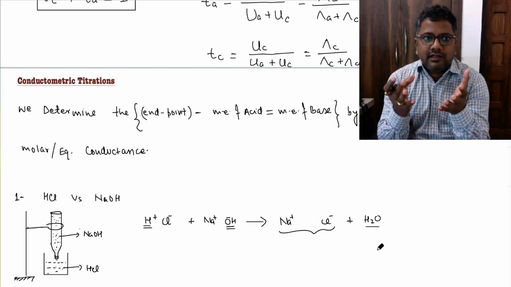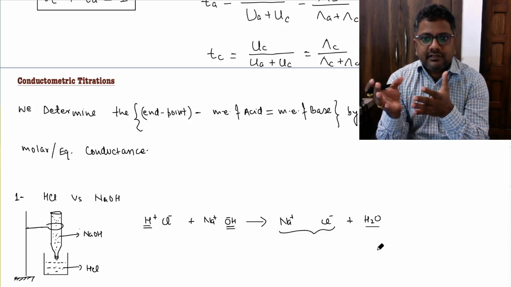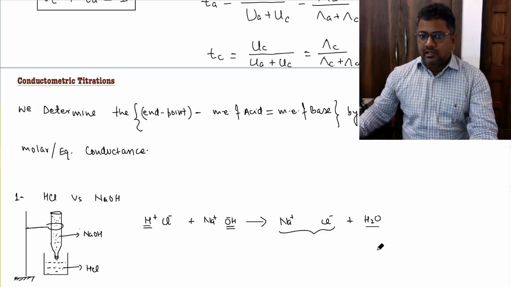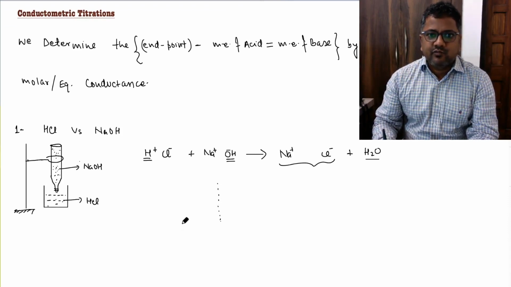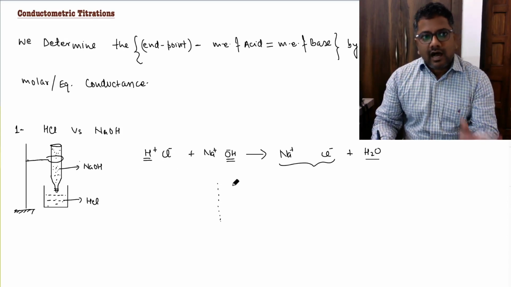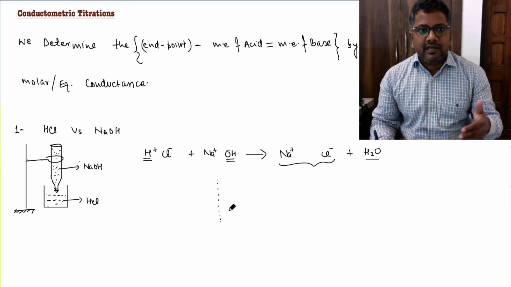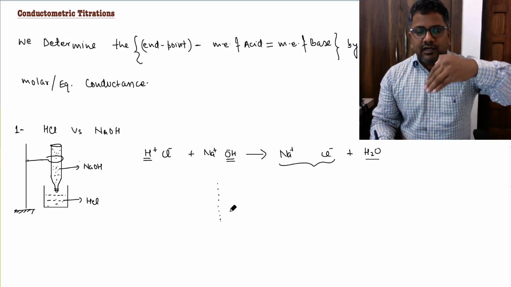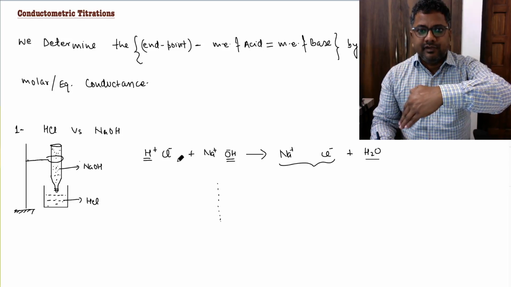Definitely the molar conductance or equivalent conductance will decrease with time. And if you keep on adding NaOH, at one stage there is the equivalence point, meaning the quantity of this and the quantity of this are equal. After that, if you keep on adding NaOH, then what will happen?